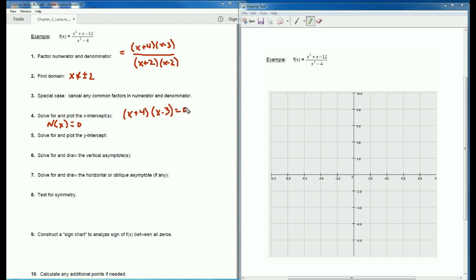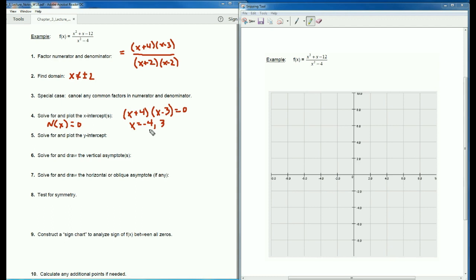Okay, that will obviously occur at x equals -4 and x equals +3. So that gives me 2 points, and we can go ahead and add those to the plot.